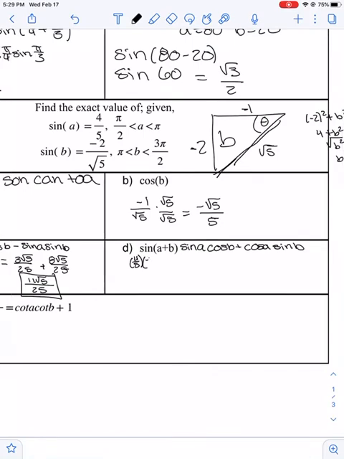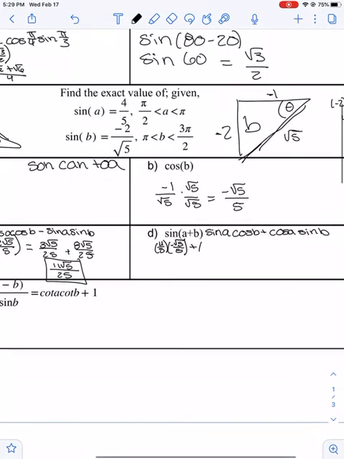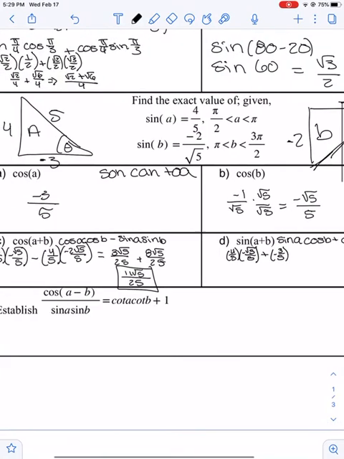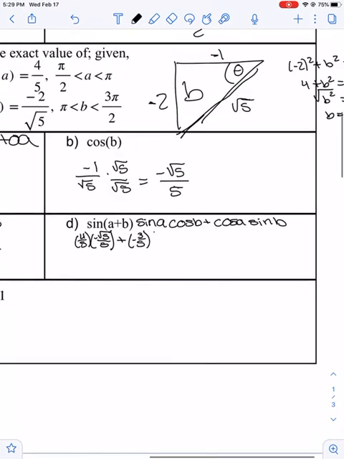The cosine of B is negative root 5 over 5, plus the cosine of A, which is negative 3/5, and then sine B is negative 2 square root 5 over 5.